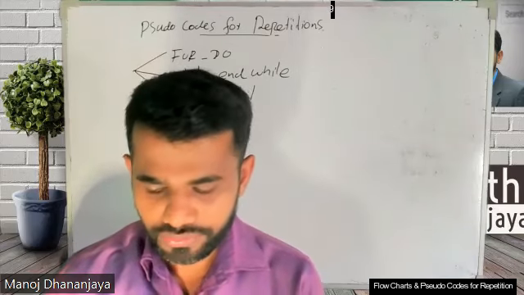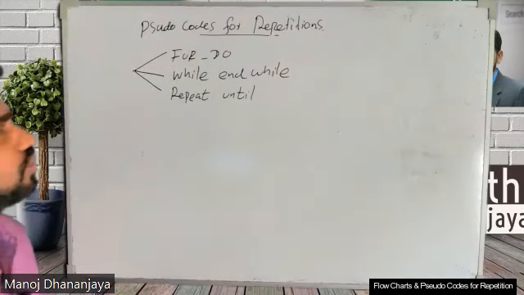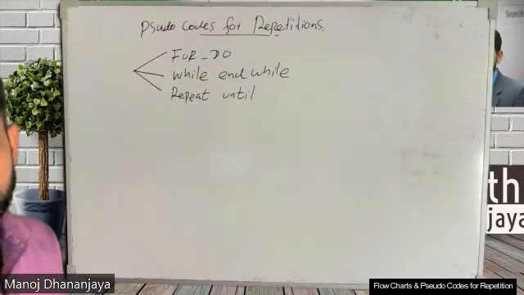In that way, if we know how many times the program will run, what are we using? The for do method, right? The for do method will be used when the number of repetitions is known.